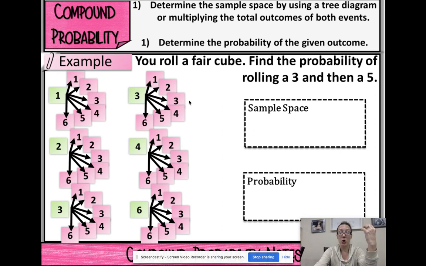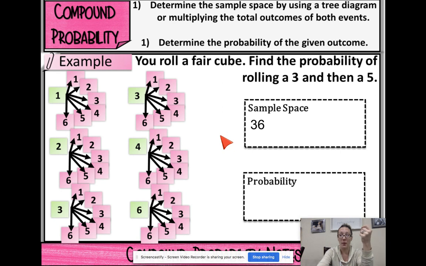You could count all this up and see that there were 36 outcomes, or you could say there's 6 outcomes on the first try, 1 through 6. There's 6 outcomes on the second try, 1 through 6. So 6 times 6 gives you 36. That's your total number of outcomes, and we're going to use sample space to represent that right now.